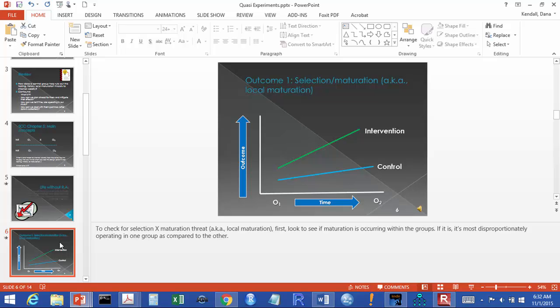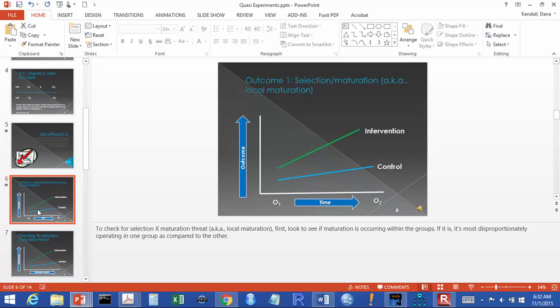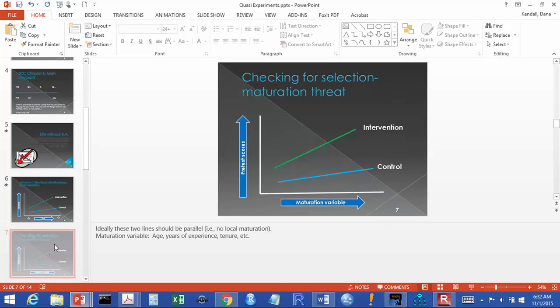And that means that people in the intervention group are maturing at a faster rate than those in the control group. So one way to resolve this or to rule out this particular threat is to do a technique that SEC talk about, and that is to plot pretest scores against the maturation variable.